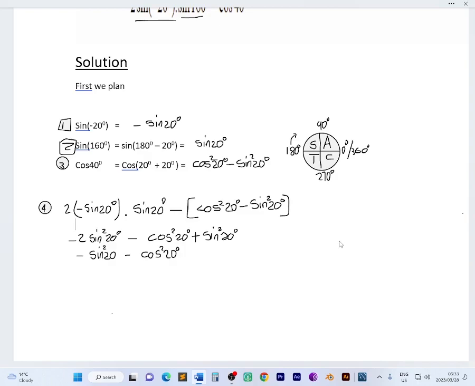Okay, so with the sine squared and cos squared, this takes us to the squared identity. We have cos squared theta plus sine squared theta equals 1. From there we can write cos squared theta in terms of sine squared theta, and so forth. My choice in this case was to dissolve the cos squared theta into sine squared theta. I could also do the same, dissolve sine into cos and then simplify.